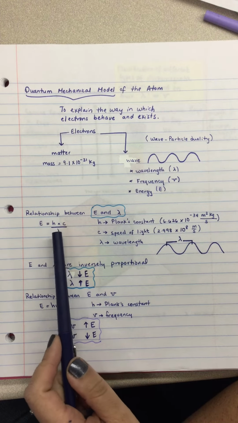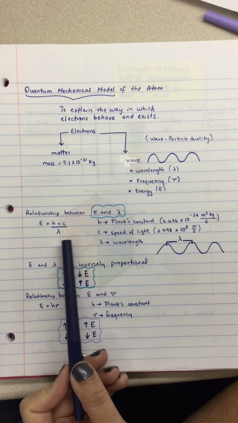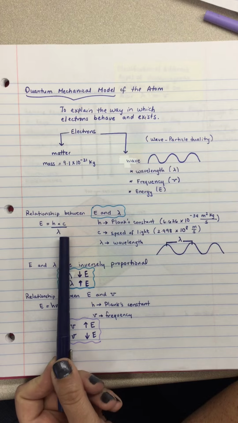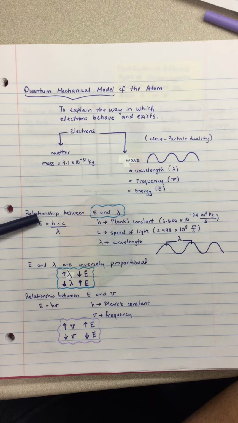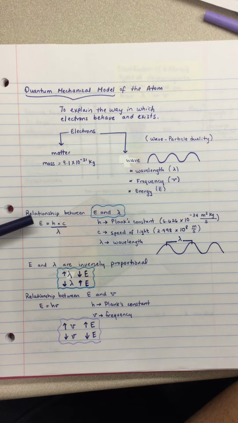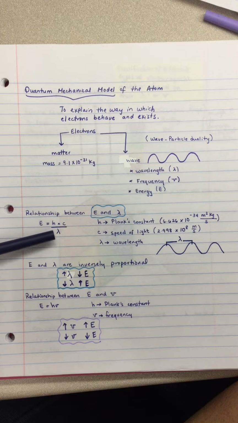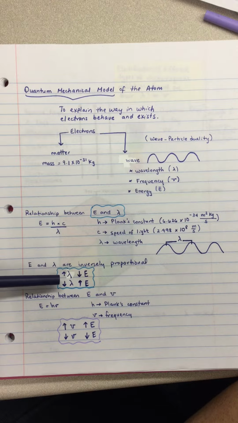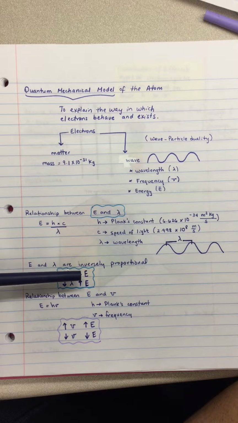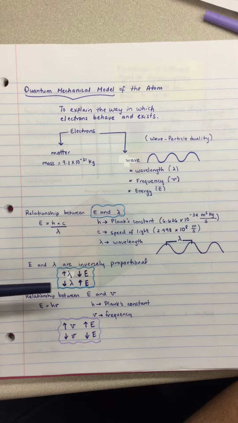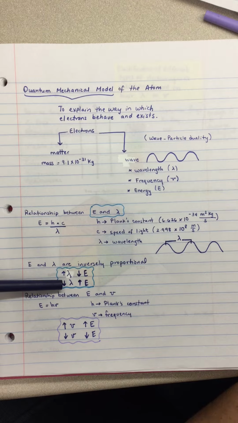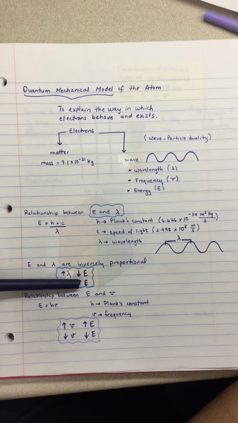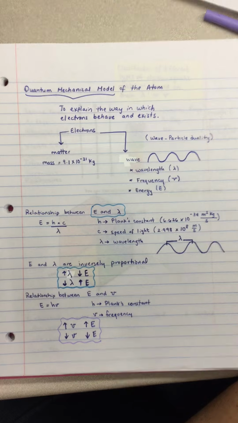So the number is divided by the wavelength, which means that if this number down here is increasing, the numerical value that you're getting for the energy is decreasing. And that tells you that the relationship between energy and wavelength is inversely proportional. So that means that if the wavelength is increasing, the value of the energy will be decreasing, or the other way, it's also true. As the wavelength gets shorter or decreases, the numerical value for the energy will be increasing.